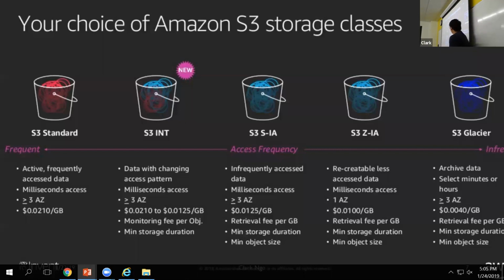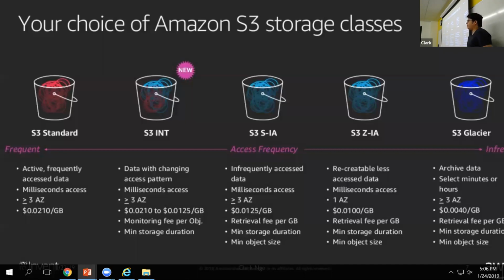This one is similar, called Infrequent Access One Zone, meaning it only has one availability zone, unlike the other buckets, which are replicated in different availability zones. So it's cheaper, but again, if the availability zone here goes down, you have less availability for your storage.